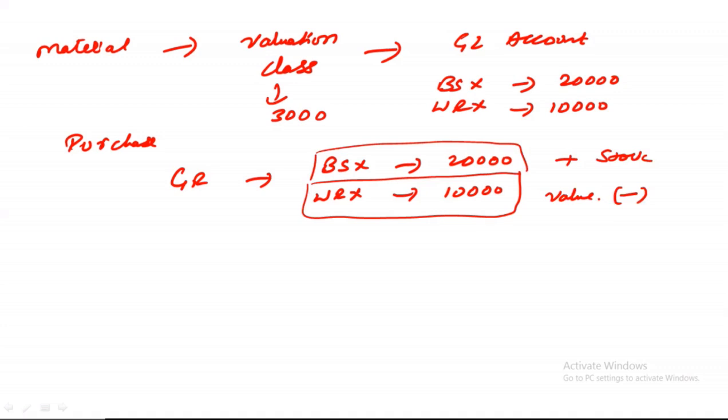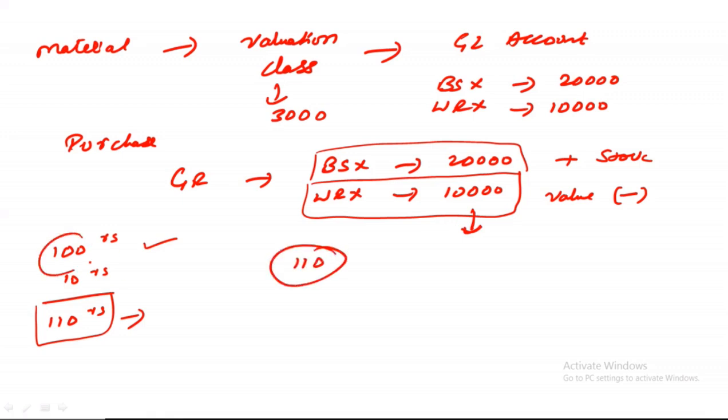Now, my material price is just 100 rupees. And my transportation is 10 rupees. So total material value is 110 rupees. Now the question is, should I pay only 100 from this account, or should I pay 110 rupees from this account? So business might tell, if you're paying 110 from this account, then the material price will become 110.